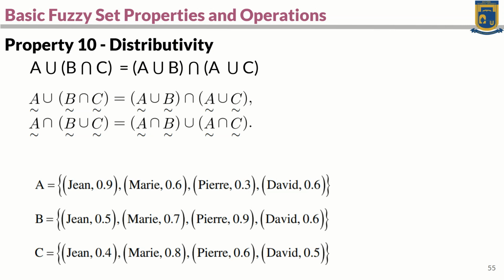Then distributive is also here. So we say that the union is distributive over the intersection. Oh no, the intersection is distributive over the union. So here, if you take this, we connect with this, like you are expanding the bracket. So here you expand it, so A union B, as you can see over here. Then you take the same A and use it on the C, A union C, then the intersection over here.